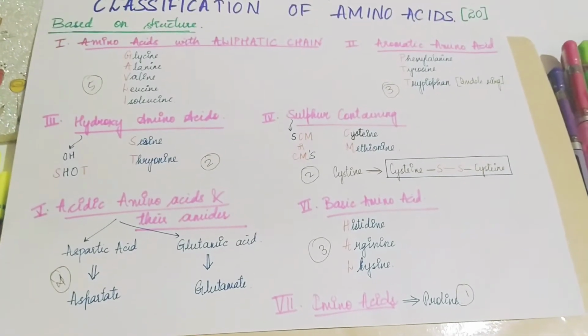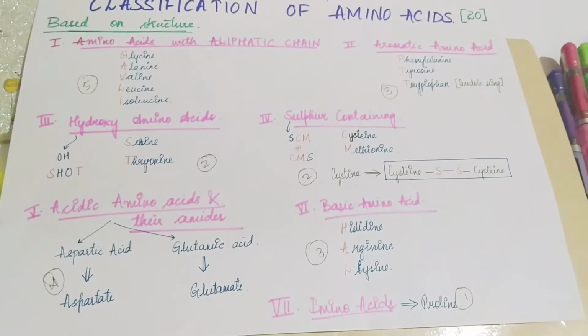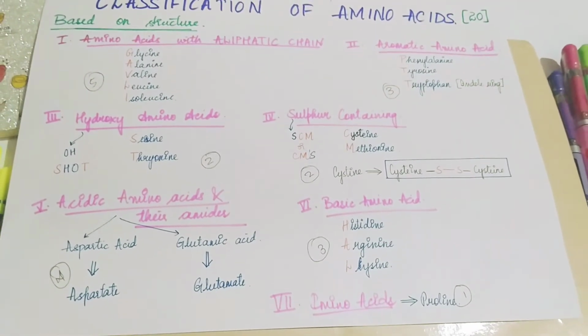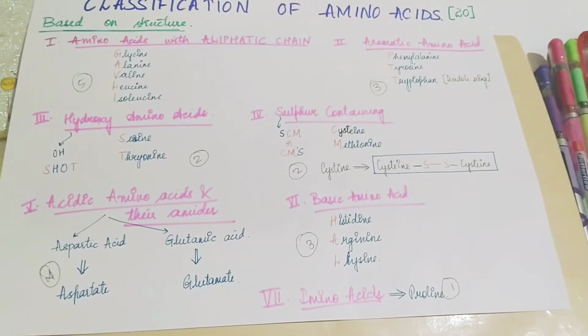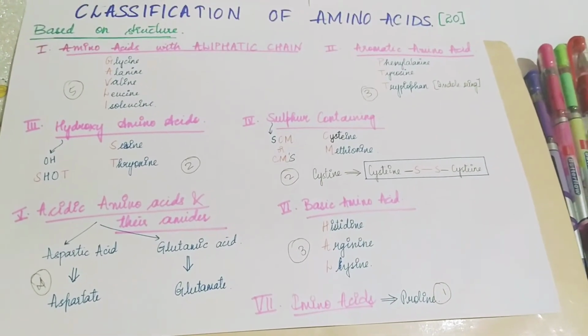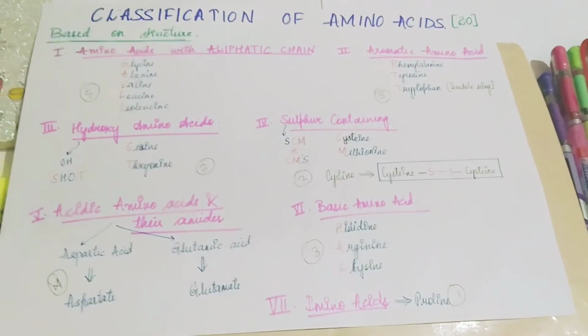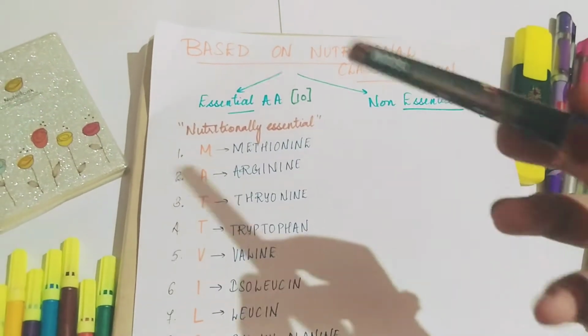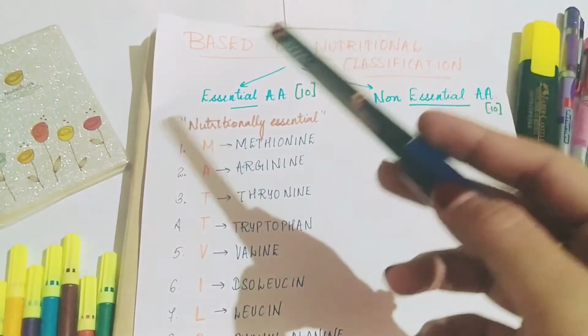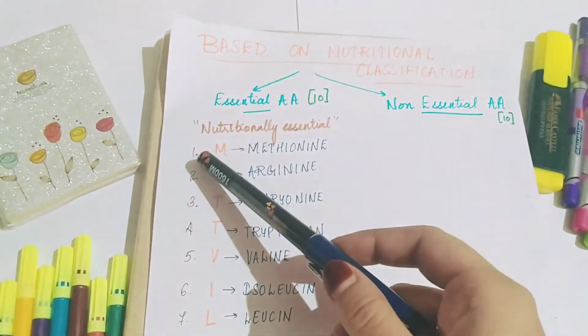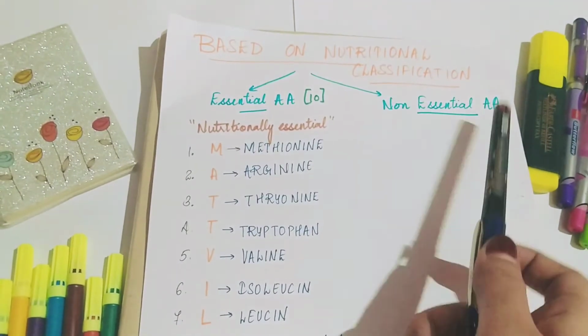So this is the classification of amino acids based on structure. Next we'll be going with the classification of amino acids based on nutritional requirement, right? These are classified into essential and non-essential.